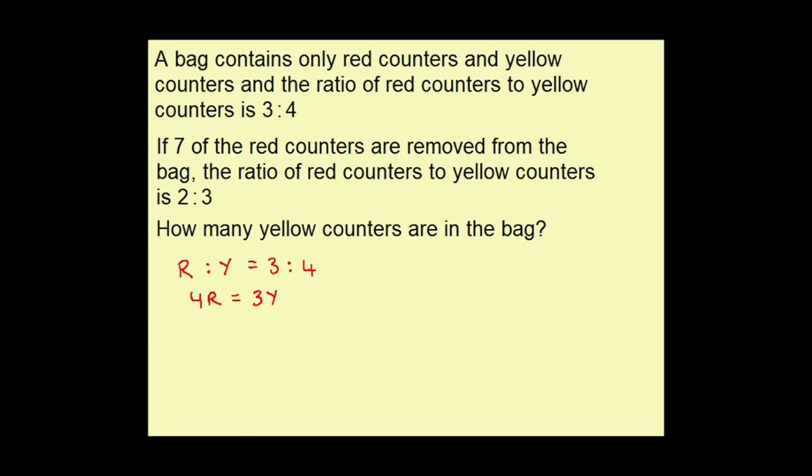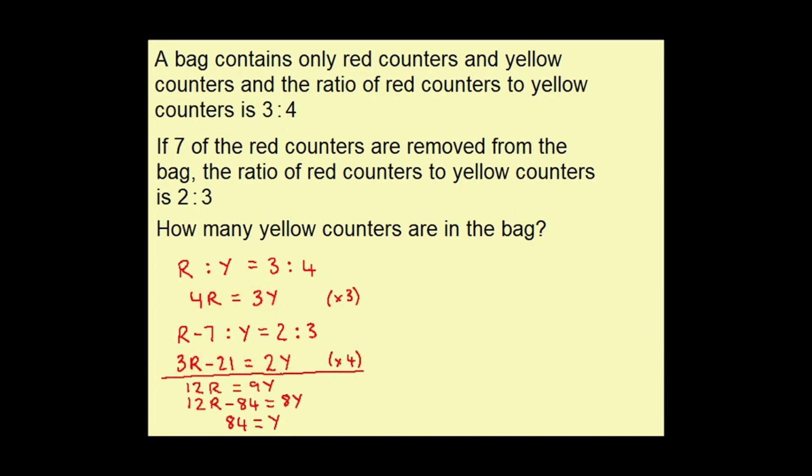Then, if I take 7 of the red counters away, that's r minus 7, and the ratio of that to yellow is now 2 to 3. And again, I can make an equation without ratios. 3 multiplied by this, that's 3r minus 21, is equal to 2 multiplied by this, 2y. I've now got two simultaneous equations, and I can solve them to find the number of yellow counters.